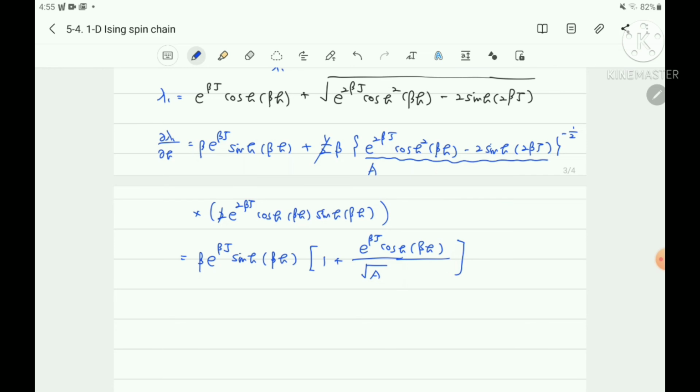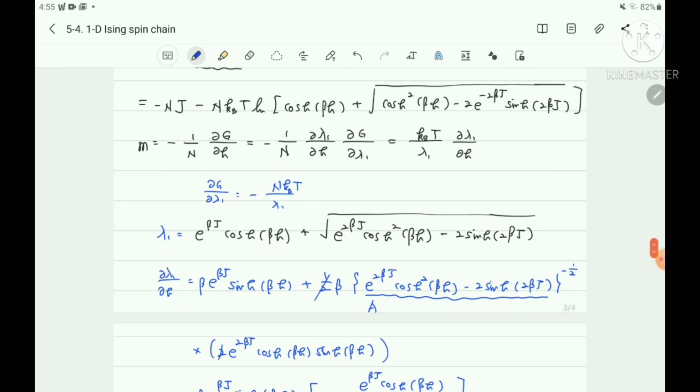Therefore, the magnetic moment is calculated like this.